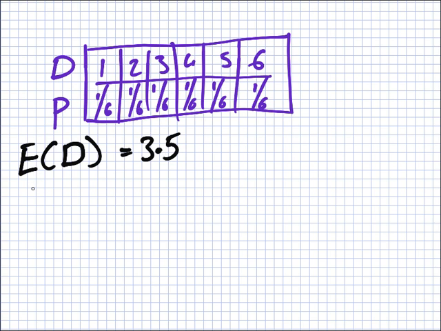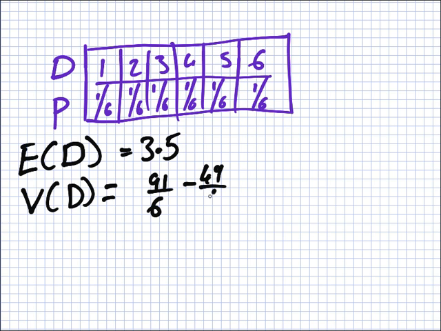I think we did that one. And what about the variance? Does anyone have this calculated? I know we did this one before. It's 91 over 6 minus 49 over 4 or something.